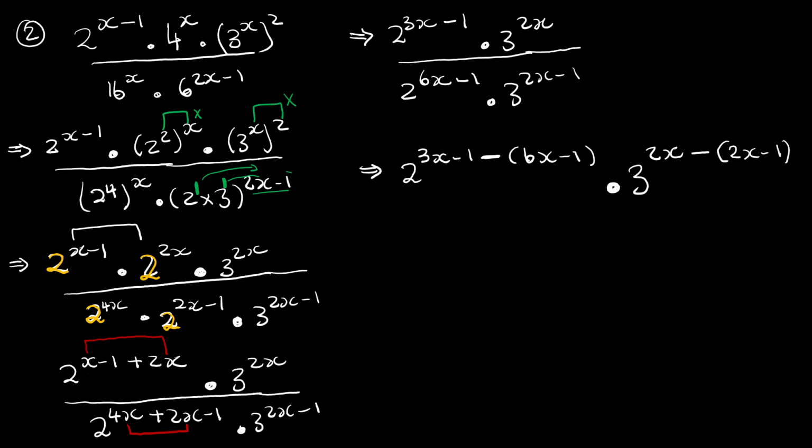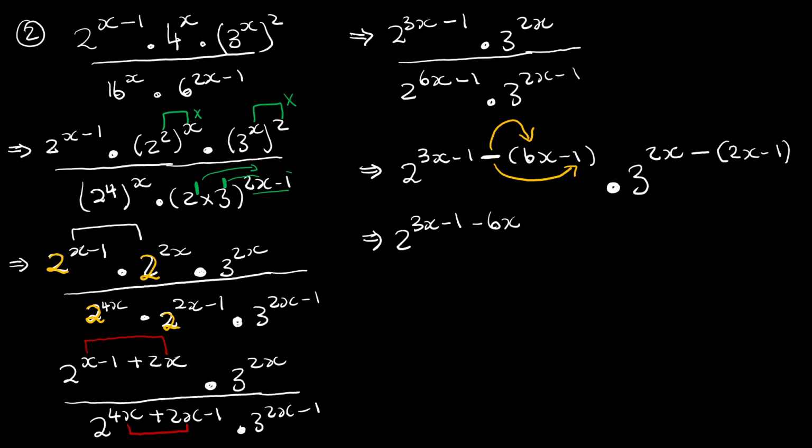So let's multiply out the brackets here. When we say multiply out the bracket, it's like saying negative times 6x. Then you take the negative and multiply it with minus 1. Just do this step by step. So this will be 2 to the power 3x minus 6x, because it's minus times 6x, which is minus 6x.